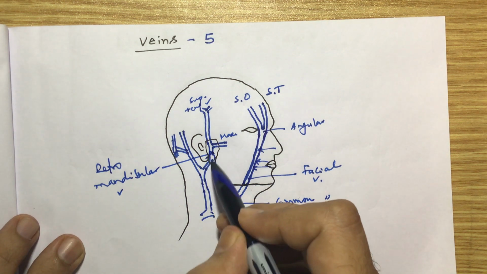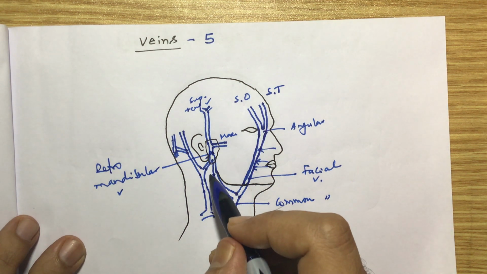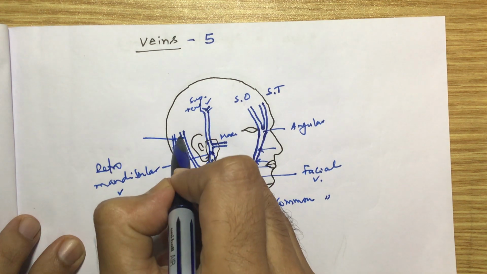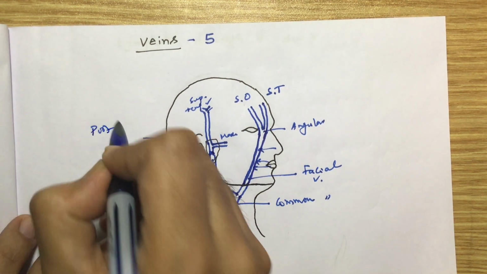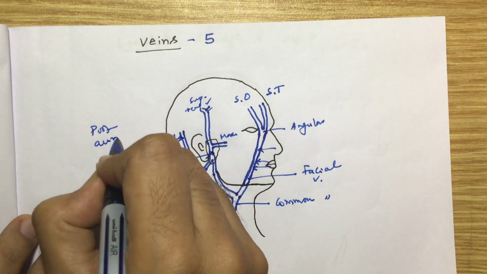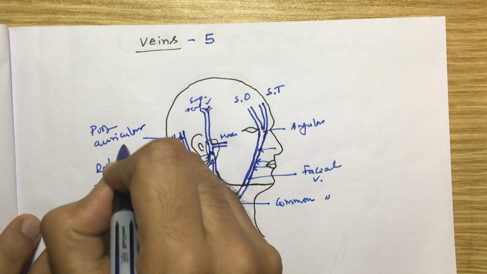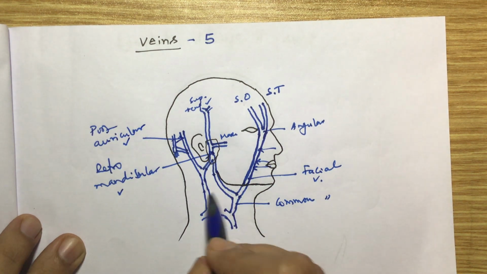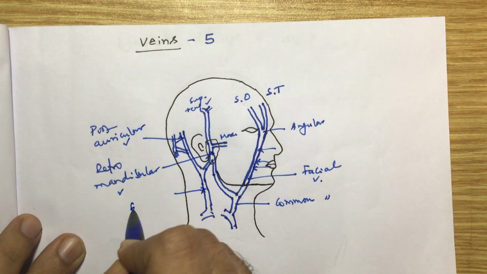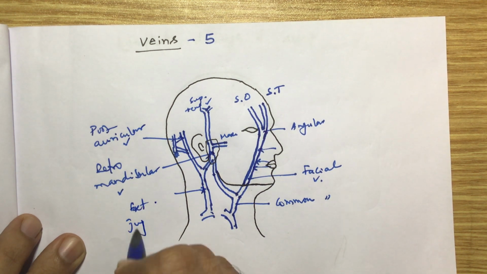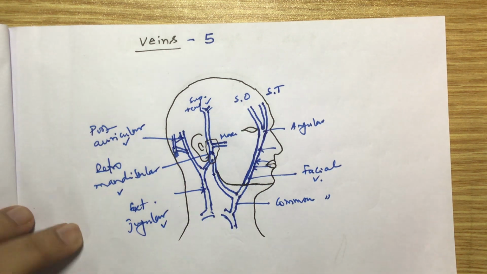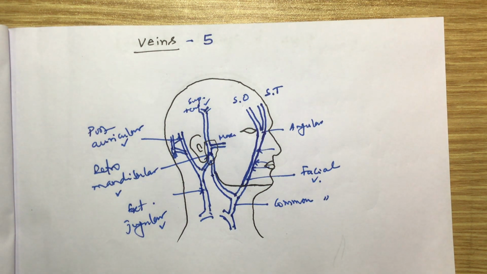The posterior division of that retromandibular vein will unite with the posterior auricular vein to form the external jugular vein, and this is the occipital one. So these are the veins of the scalp.